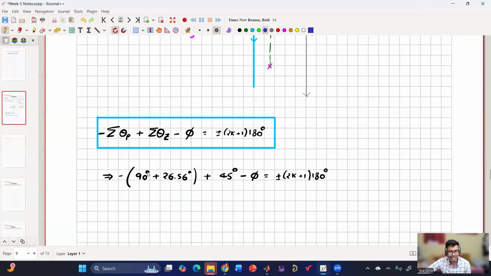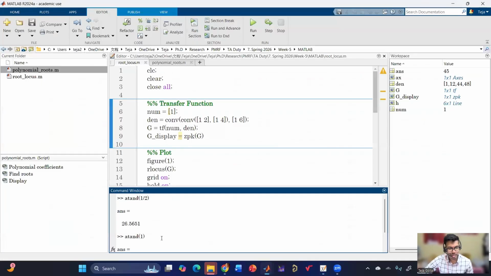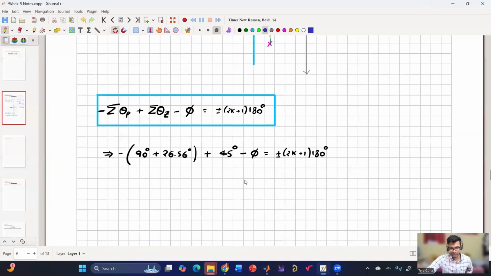So now we have to calculate this and then find the angle of departure phi. So minus 90 minus 26.56 plus 45. So this angle is coming minus 71.56. So minus 71.56 minus phi is equal to, say I'll consider minus 180 degrees.